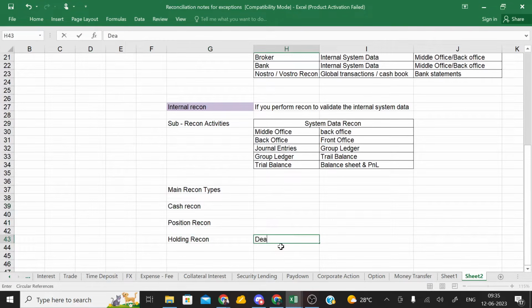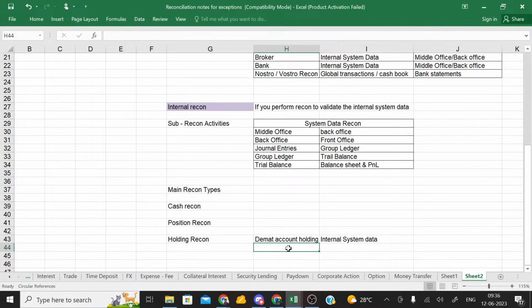Holding means demat account holding versus internal system data. So the activity would be demat account holding versus internal system data.